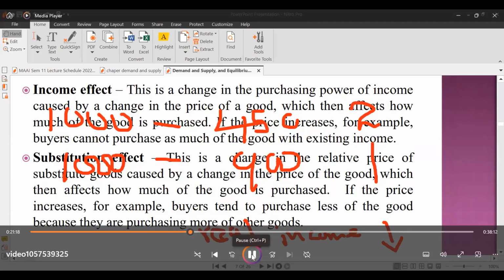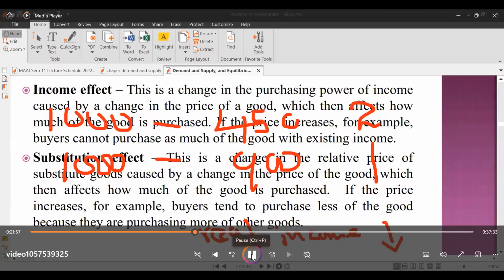That means if the price of the product increases, the purchasing ability of the consumer will reduce. That is why when price increases, demand tends to decrease. So what are the reasons for the law of demand? One is the income effect.